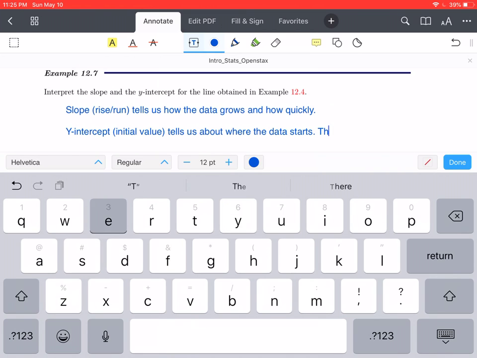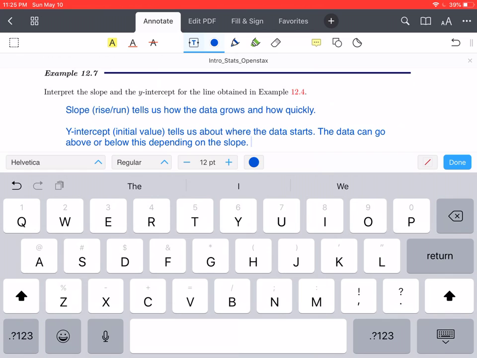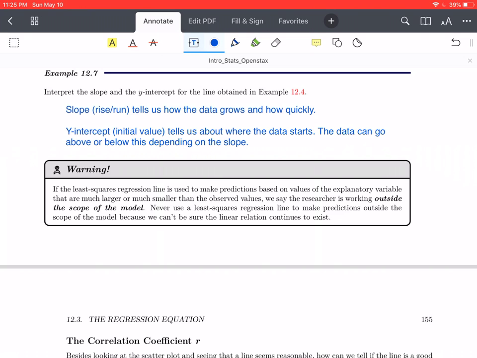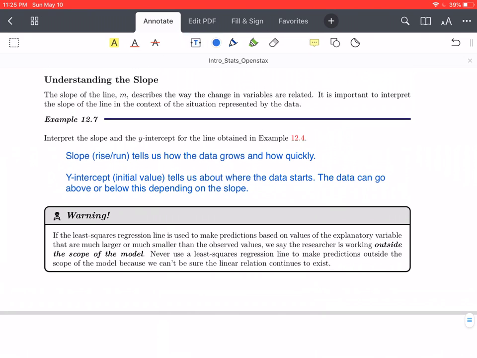So, and then the data can go above or below this, depending on the slope. Okay, so if we have, like in our example, a data set that is positively associated, which means that the data is going to be increasing, right? The line is going to have a positive slope, which means the initial value is actually the smallest value, right?